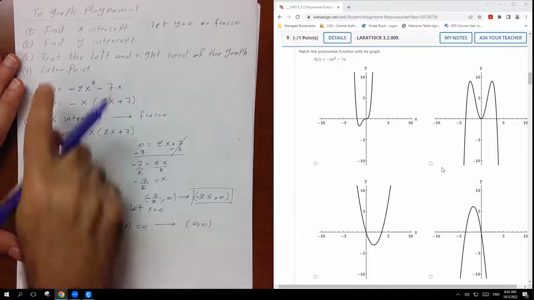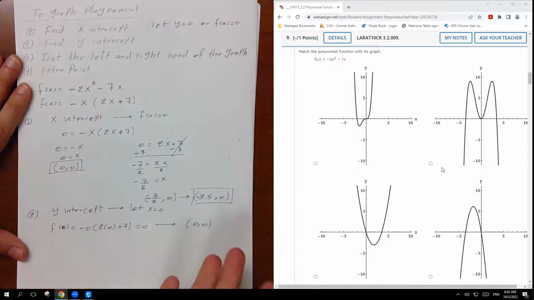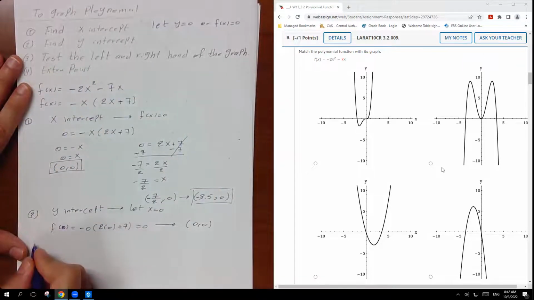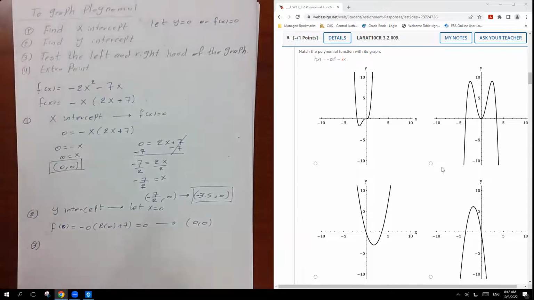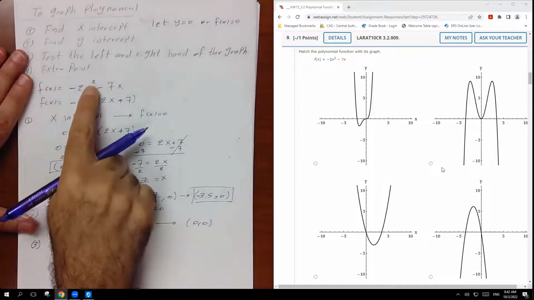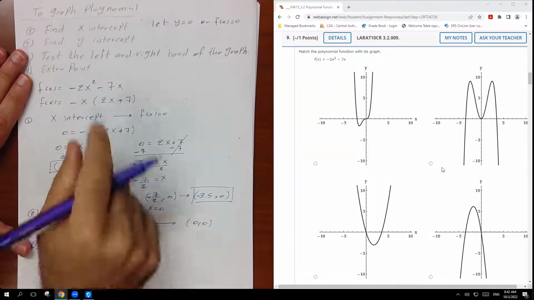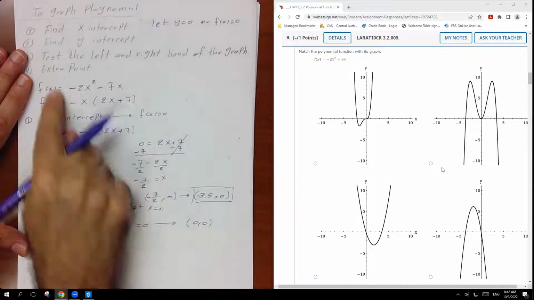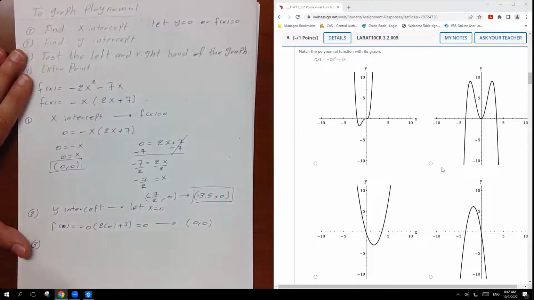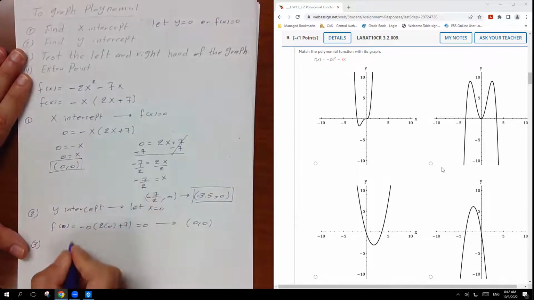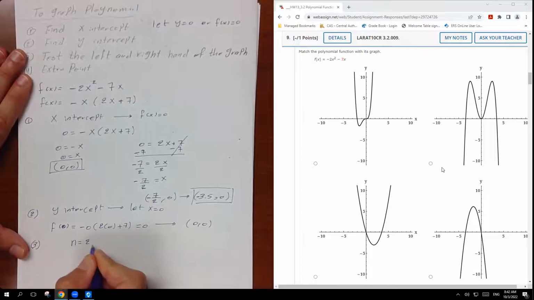The third step, we're going to find the end behavior, or you can say the left-right behavior. It's the same thing, the end behavior of the graph from both sides. So here is the polynomial function. I'm going to go back to the general form, the standard form, not the one when I factored. And I'm going to check n equals 2, which is an even number.